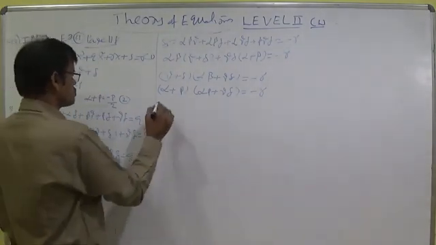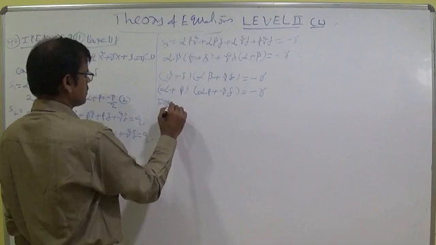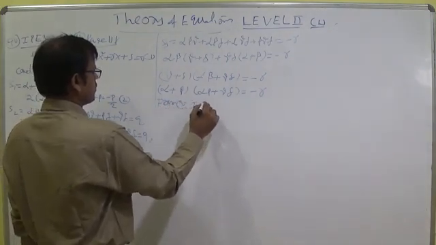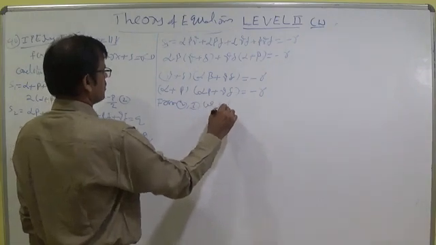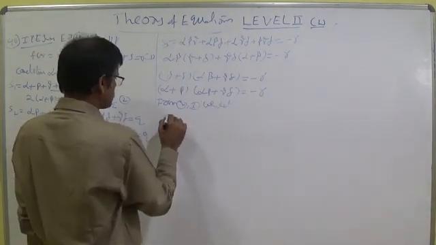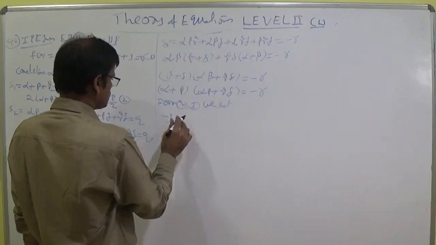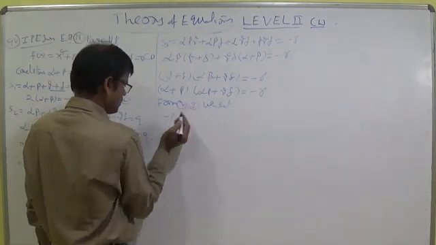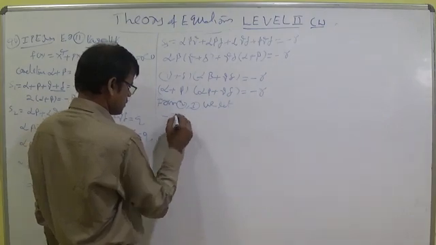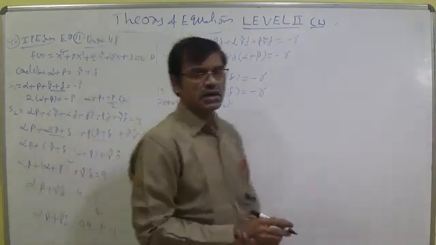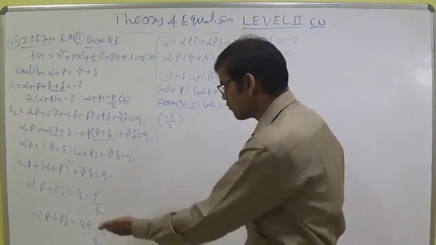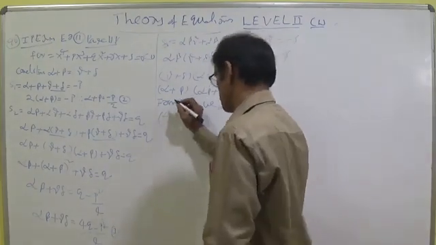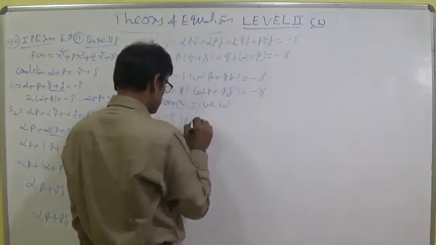Now from 2 comma 3 we can write. From 2 comma 3 we get alpha plus beta meaning minus P by 2 and alpha beta plus gamma delta meaning 4Q minus P square by 4.